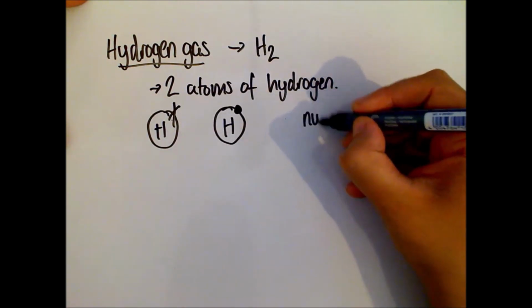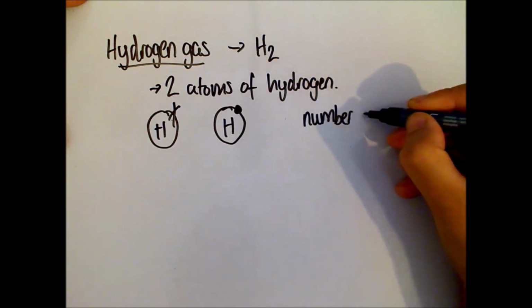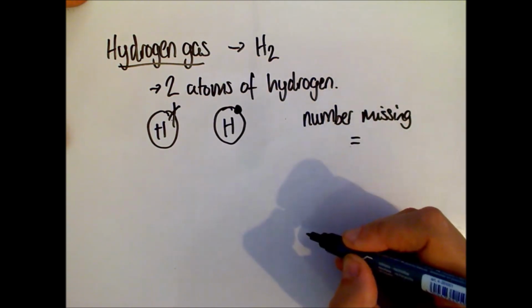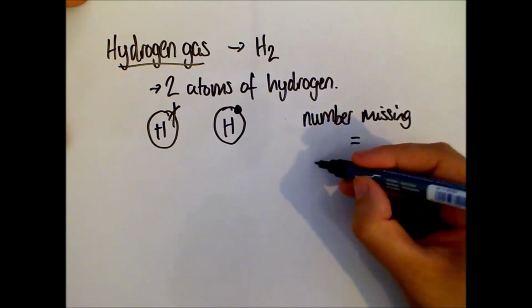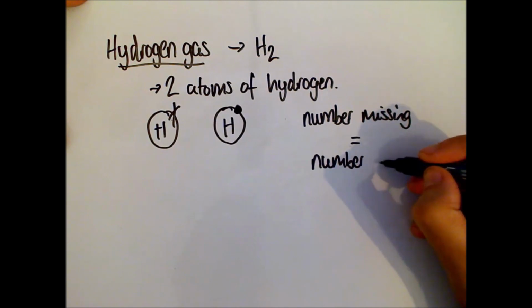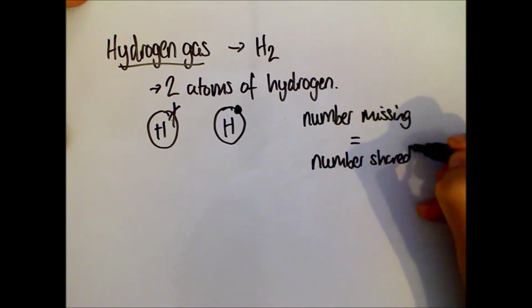And the number of electrons missing is equal to the number that they will then share. So the number missing equals the number shared.